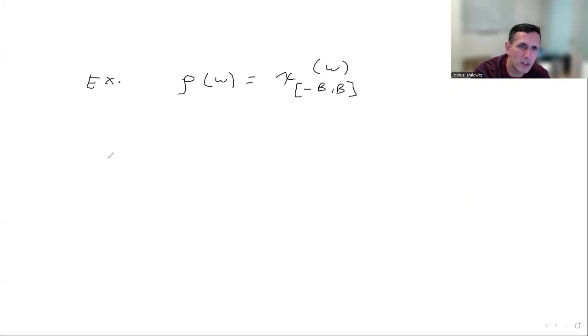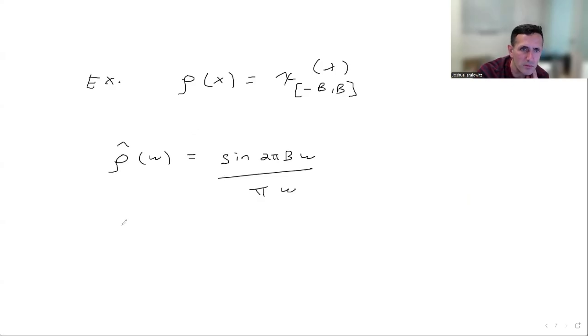We computed the Fourier transform before, or let's compute the inverse. The inverse Fourier transform is just the same thing as the Fourier transform with minus x plugged in. So this is just sine. Clearly, plugging in minus x, this is even.